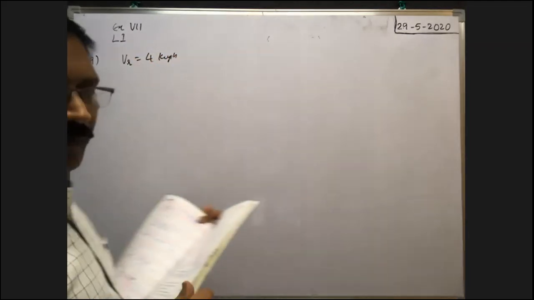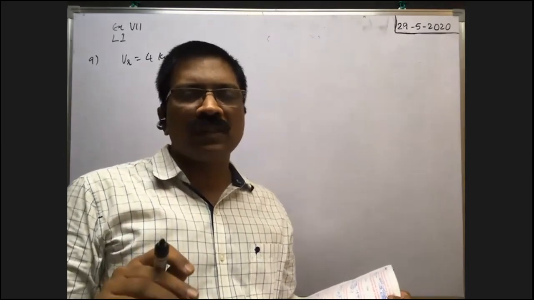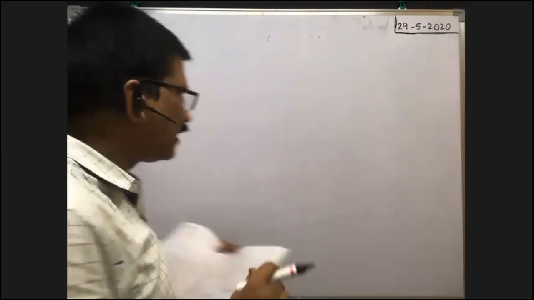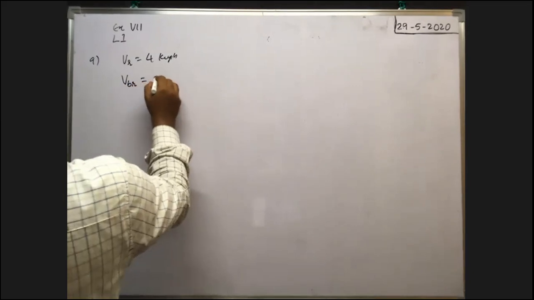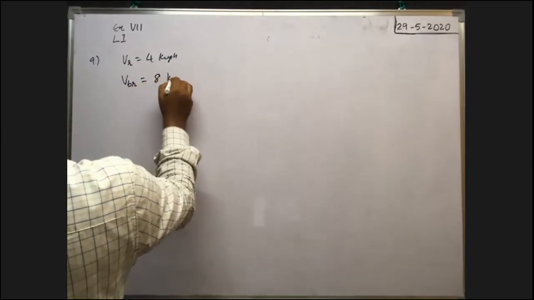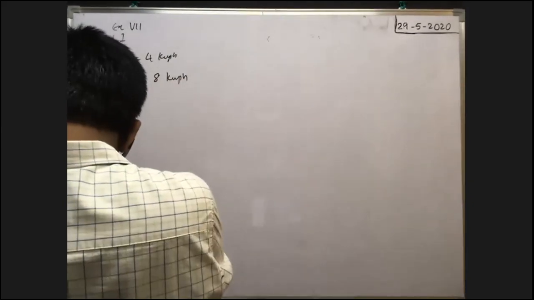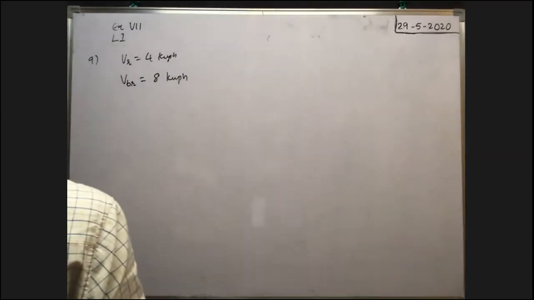I said speed of the boat in still water means that is the relative velocity of the boat. Very good. Relative velocity of the boat with respect to river. So velocity of the boat with respect to river is given, that is equal to 8 km per hour.